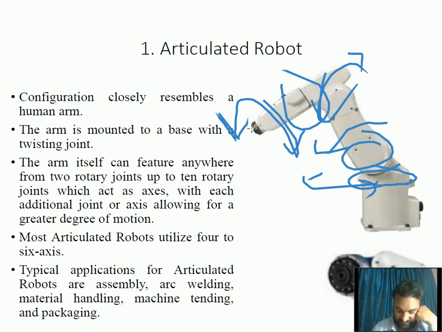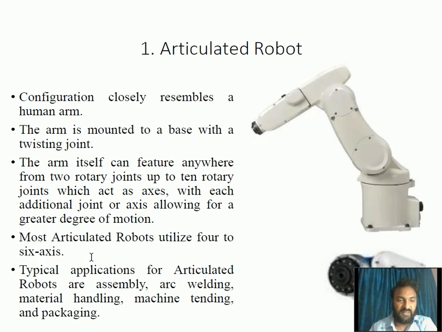The arm can feature anywhere from 2 rotary joints up to 10 rotary joints. So there should be a minimum of 2 rotary joints and a maximum of up to 10, but most common articulated robots utilize 4 to 6 axes.